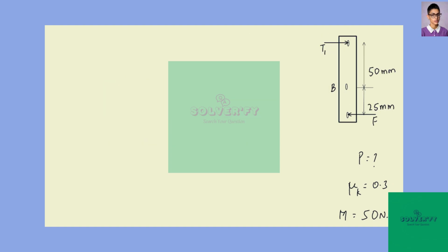Now this is the free body diagram of the link. Now we have calculated this T1. Now we can calculate the value of force F which is acting by taking the moment about point B. So we can write sigma M_B should be equal to 0. So from here minus T1 times this distance is 0.05 meter, 50 mm means this much of meter, minus F times 25 mm means 0.025 meter, it should be equal to 0.